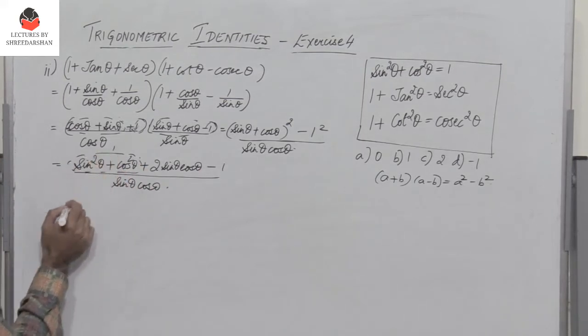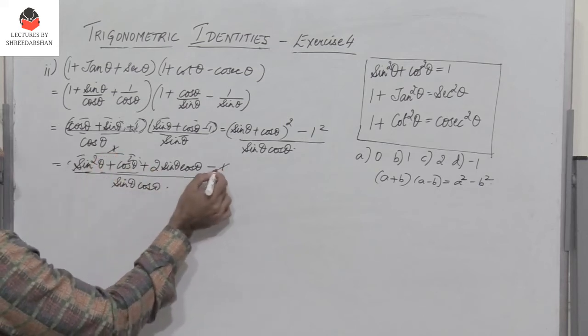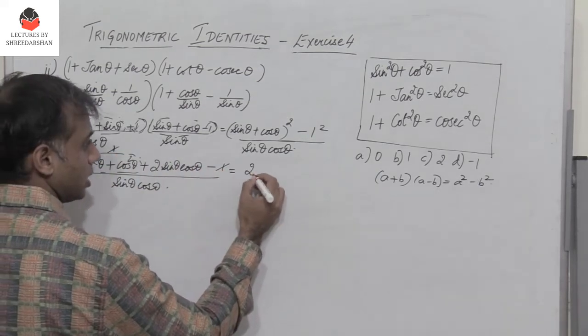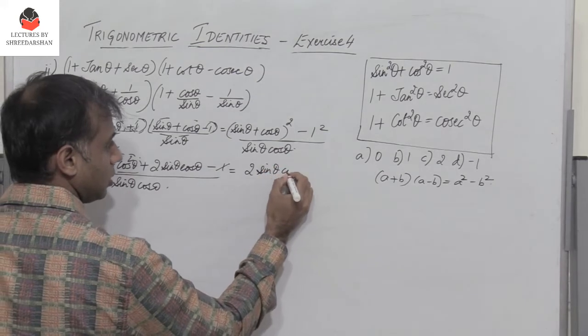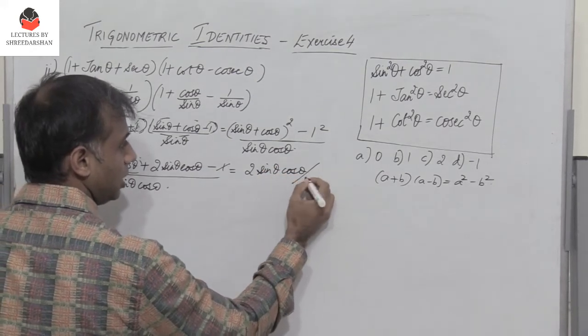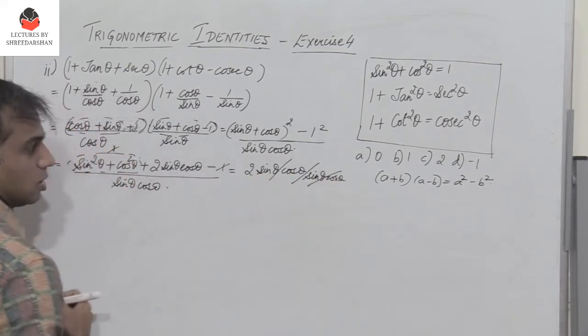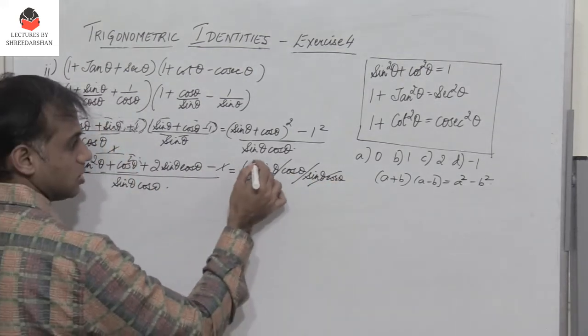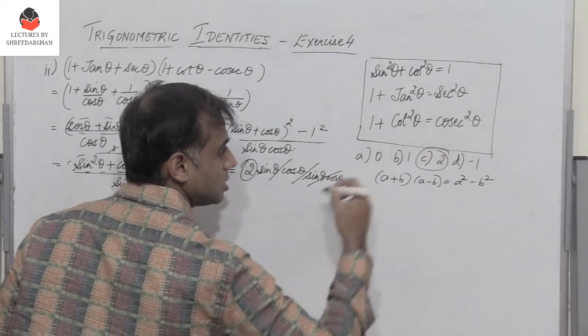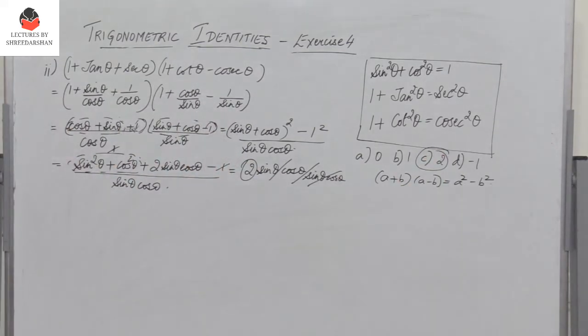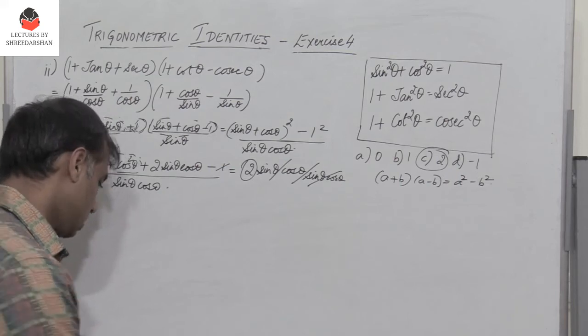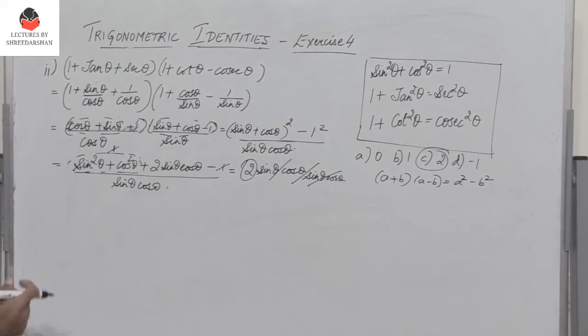So this 1 and this minus 1 get cancelled. So I get 2 sine theta cos theta divided by sine theta cos theta. Sine theta cos theta I can cancel, so the answer is 2. Therefore the right answer is C, which is 2. So very simple problem. Let's move on with the next one.